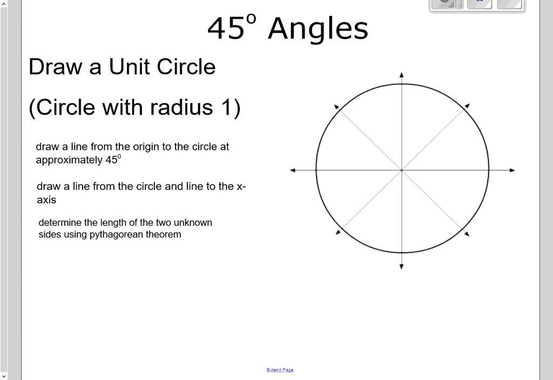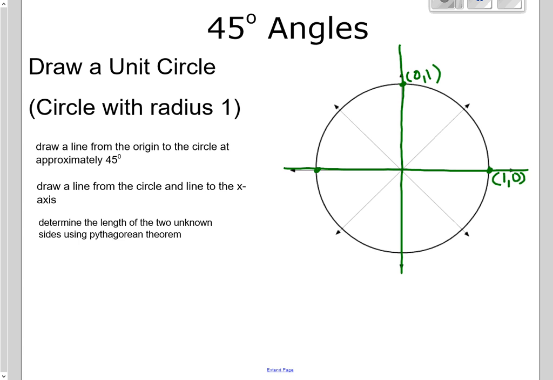So what that means is if this was my y-axis and this was my x-axis, then this point right here would be at 1, 0. This point up here would be at 0, 1.